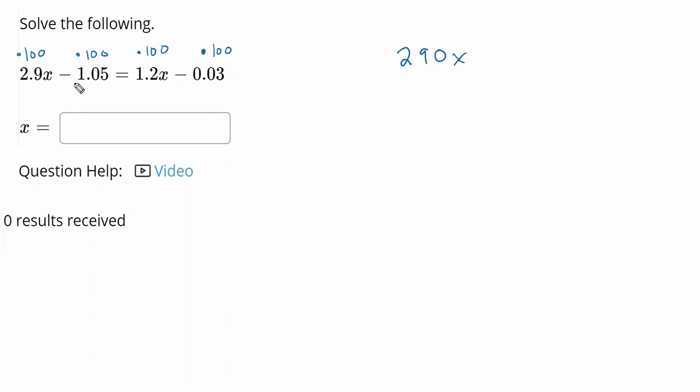Then the next one, I'm going to keep the minus, and again move the decimal 2 places, so that would be minus 105. There's no x, so just that. And that's equal to 120x. And lastly, minus 3, since the decimal is now after the 3.